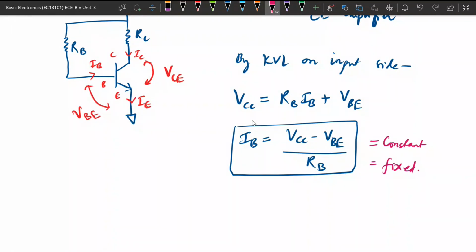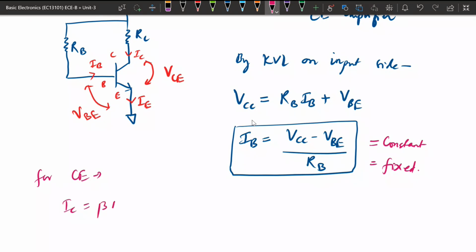As IB is fixed, this circuit is called the fixed bias circuit technique. We are biasing the amplifier using a constant base current. Once the base current is fixed, with respect to that we can get IC, because this is a common emitter.